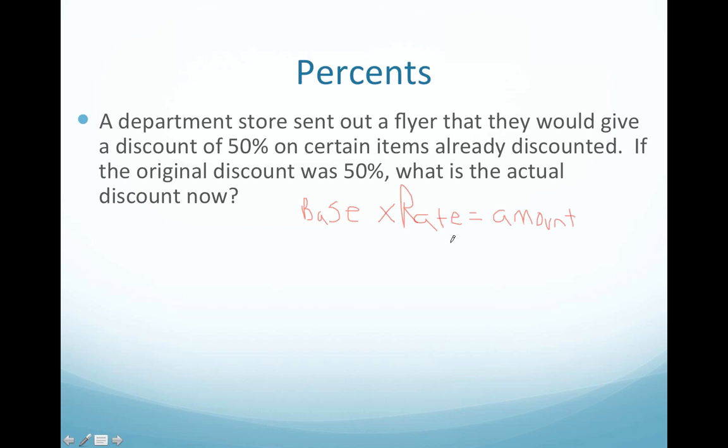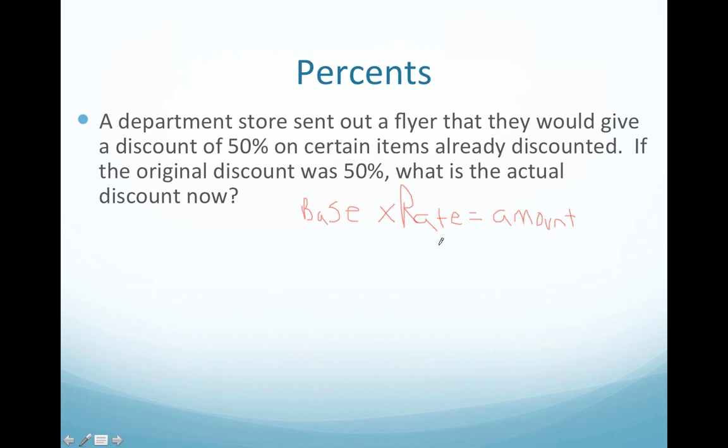The amount will have a similar name as the rate: a discount rate gives you a discount, a tax rate gives you tax, an interest rate gives you interest. So that's the way it works.